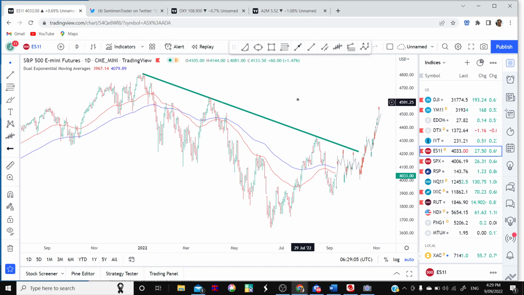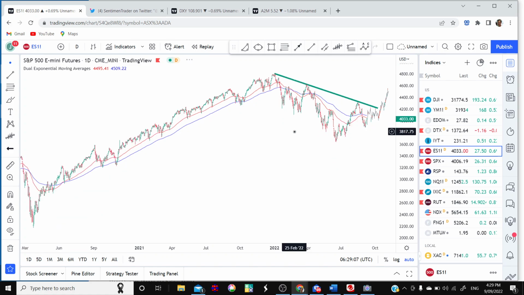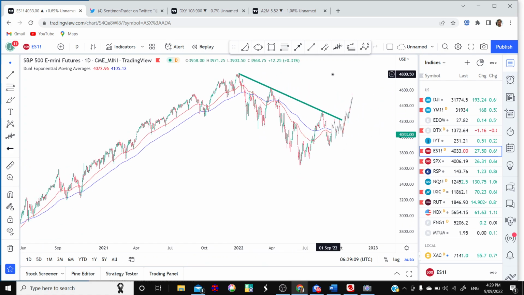Doesn't necessarily mean this would be a new bull market if that were to happen. This could all still be part of a broader topping formation that might still take many more months to develop and completely play out. But it could still lead to several months of rising prices prior to another leg down.